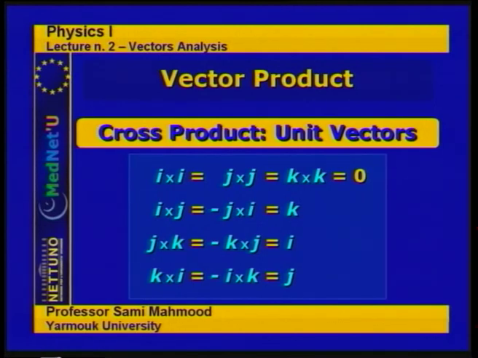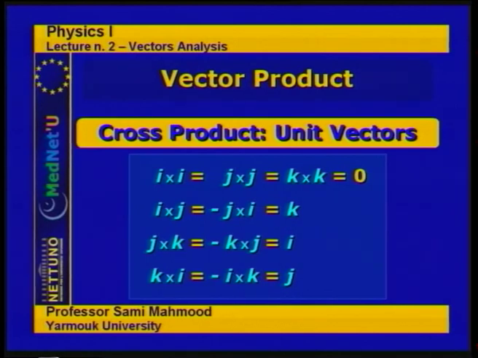The angle between I and J is 90 degrees. Sine 90 is equal to 1. Thus, I cross J has a magnitude of 1, which is 1 times 1 times 1.